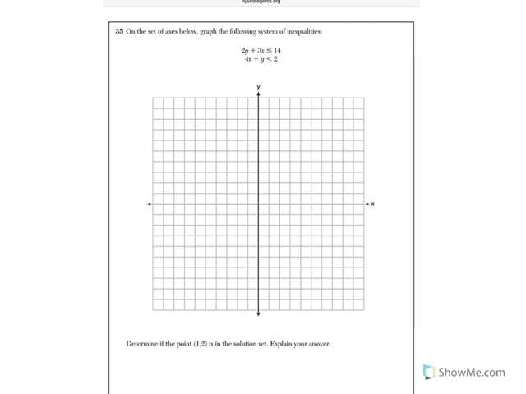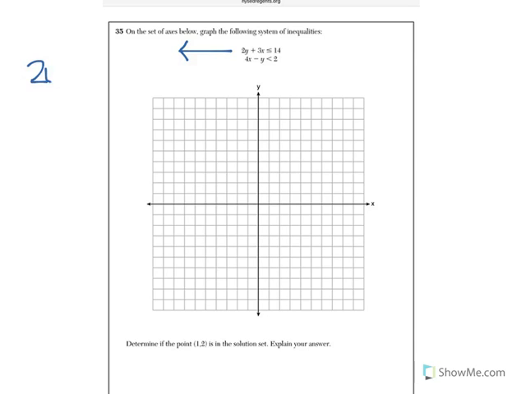So question 35 is having us graph on the following XY axis the following system of inequalities. And in order to graph these, we need to make sure that y is alone. So with the top inequality, when I isolate y, I'm going to have to subtract 3x from both sides first.